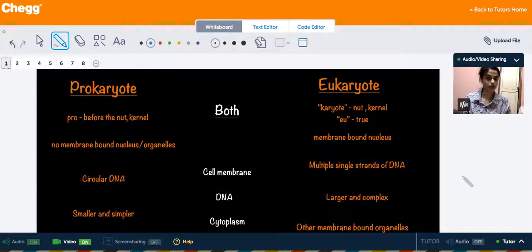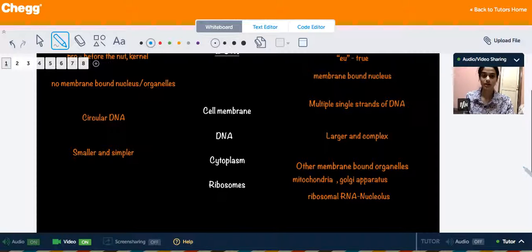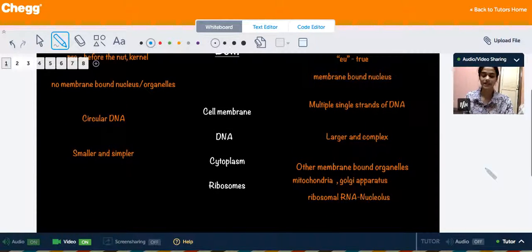Eukaryotic cells are larger and more complex. The DNA is circular in prokaryotes. It is multiple linear strands of DNA in the form of a nucleus in the eukaryote, and the common structures like the cell membrane, the DNA, cytoplasm, and ribosomes are common to both types of cells.